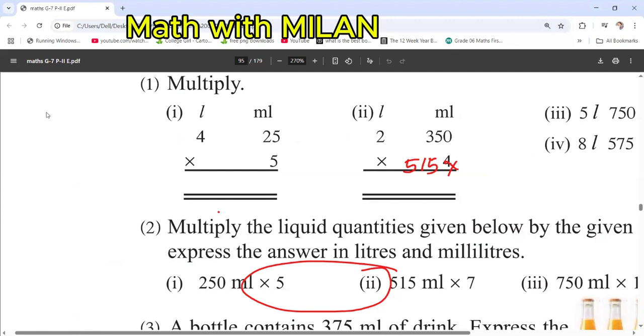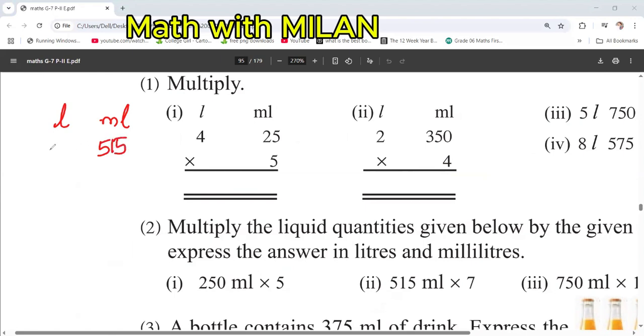Just write liters and milliliters. Then you have 515 here and here 0. There is no liter. There are no liters. Therefore, you write 0 here and you have to multiply by 7.